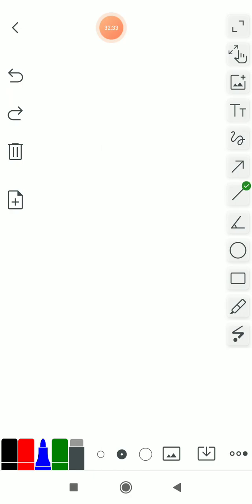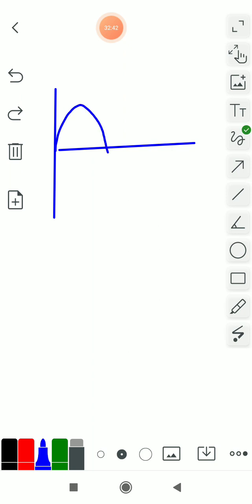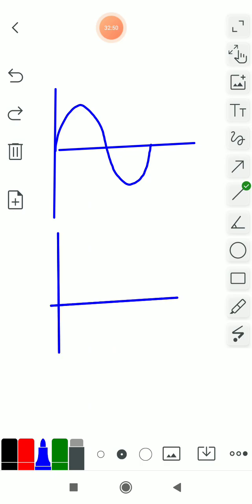Suppose for piano the graph will be like this, with the same loudness and same frequency, and the violin will be like this. So quality is what distinguishes between the piano and violin, and between any voices.